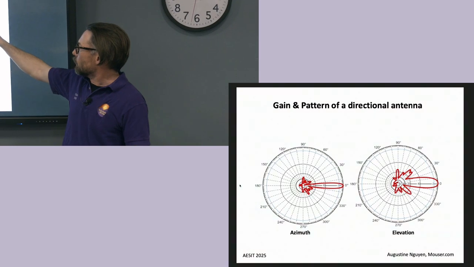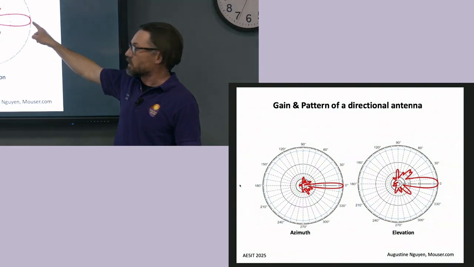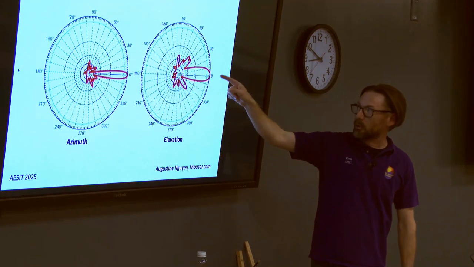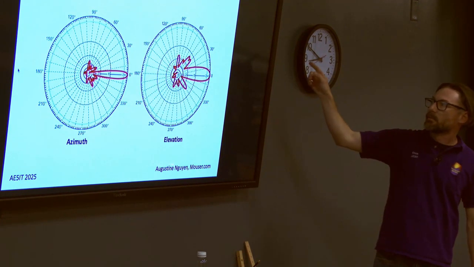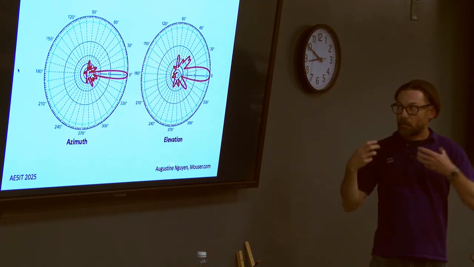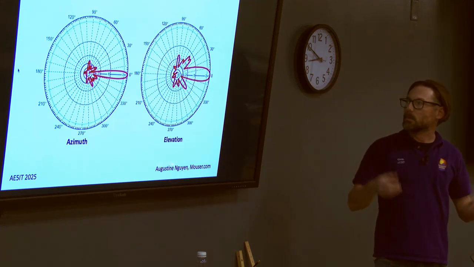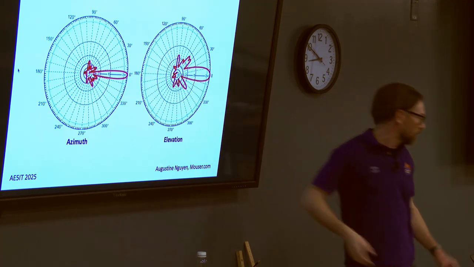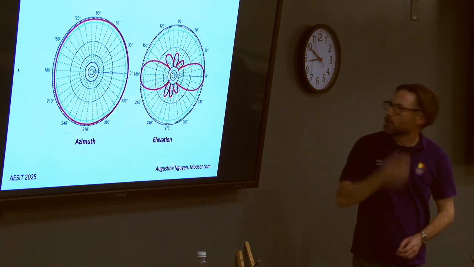This is your main lobe, right? This is where most of your radiation is going. This is the one you want to see. This is what you're designing for usually. You get a bunch of gain in this direction. But because it's hard to design a perfect antenna, you're usually going to get some radiation off in directions you don't really care about, even with our collinear that we built here.